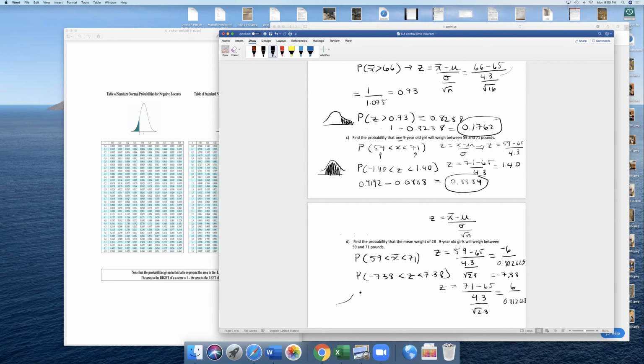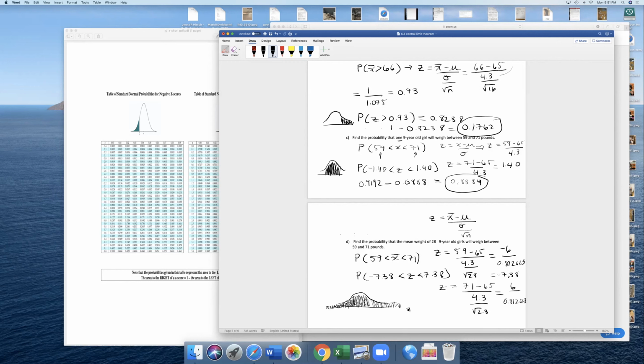So let's find these indicated probabilities. Now, we don't even talk about standard deviations in terms of 7.38 and negative 7.38, but I just want you to get an idea. I hope you can tell that the probability of finding a mean weight of 28 girls that are between 59 and 71 pounds is going to be close to 100%. Because again, they're pretty far away.